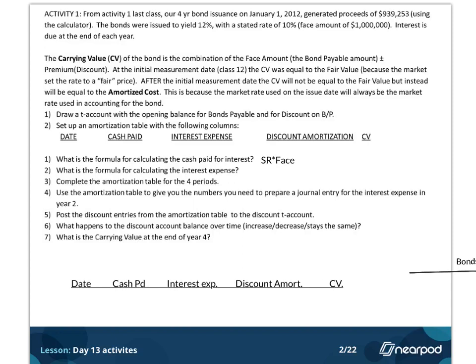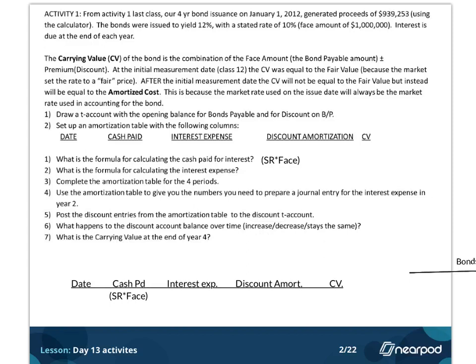And we talked in class about how you might want to put that on your amortization table, so that you've got the formula handy.